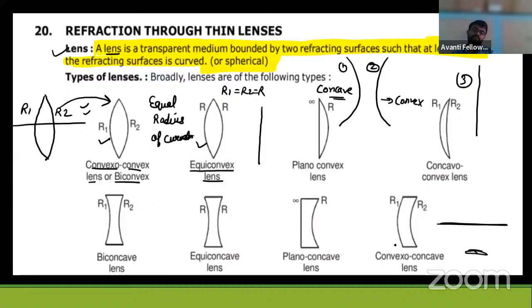So by mixing 1, 2, 3 or 3, 2, 1, anyhow, by mixing these three refracting surfaces together, we can make a number of combinations of lenses. How? If you mix this with the same, you'll get this. If you mix a planar with a bulged in, you'll get a plano-convex lens.